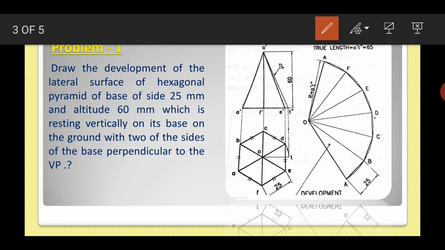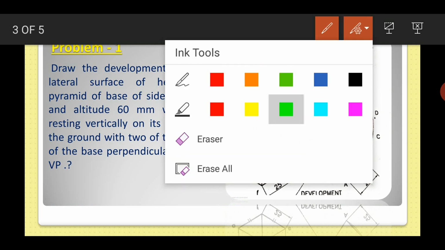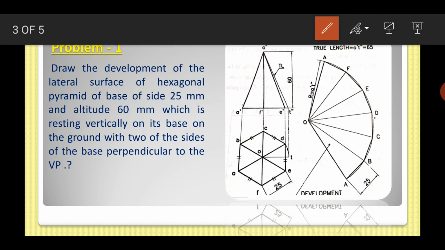Now first imagine a line. You have to draw the XY line, and then draw the two verticals and complete the hexagonal pyramid. The pyramid will have a center point. Then you have to draw its diagonals, and you will get the center point.